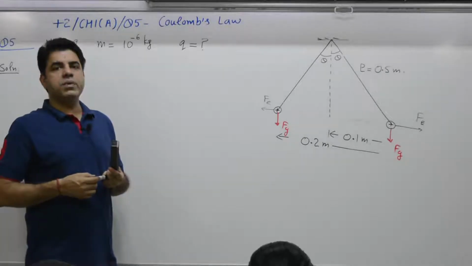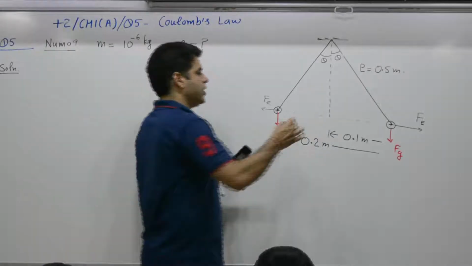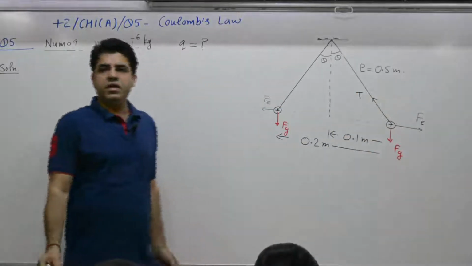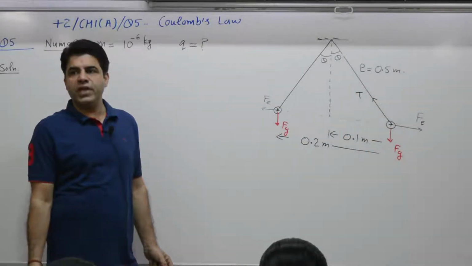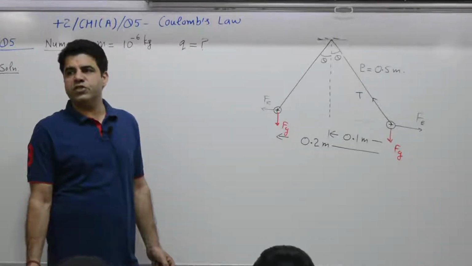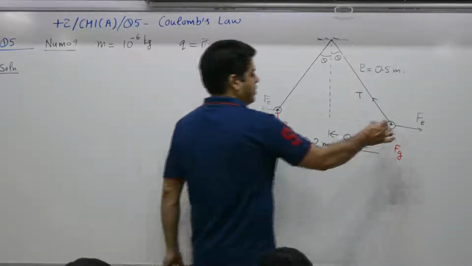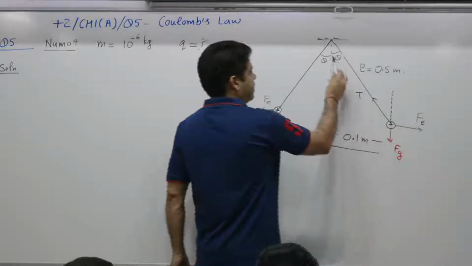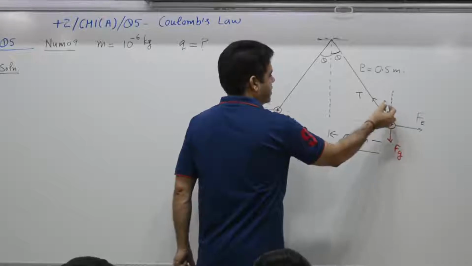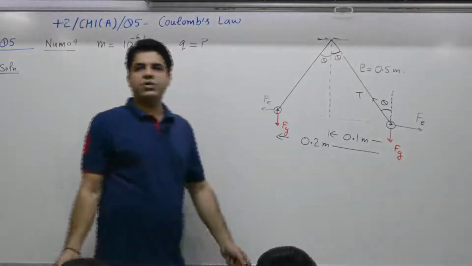If it is in equilibrium, tension in the string, T. If it is in equilibrium, net force is 0. If this angle is theta, then this one is also theta. Now try to write the equation.